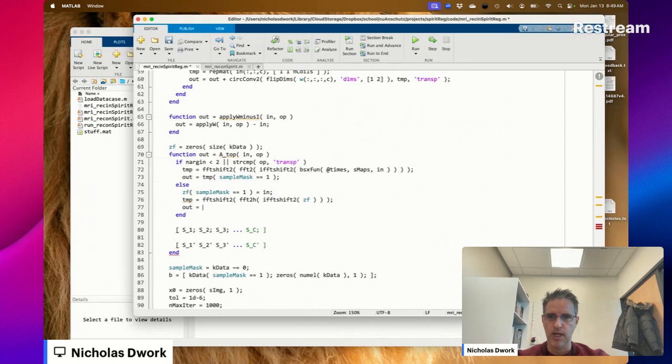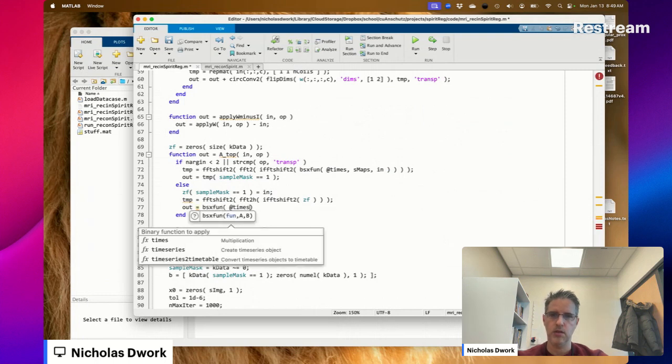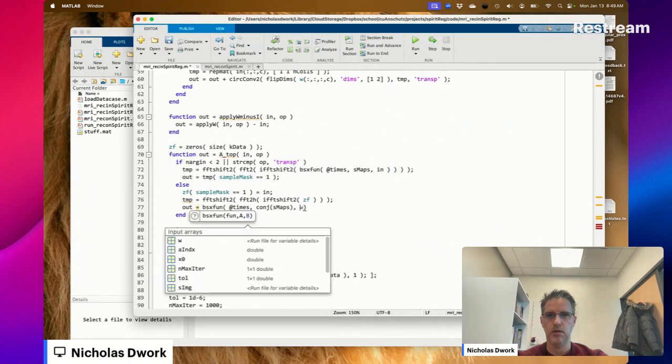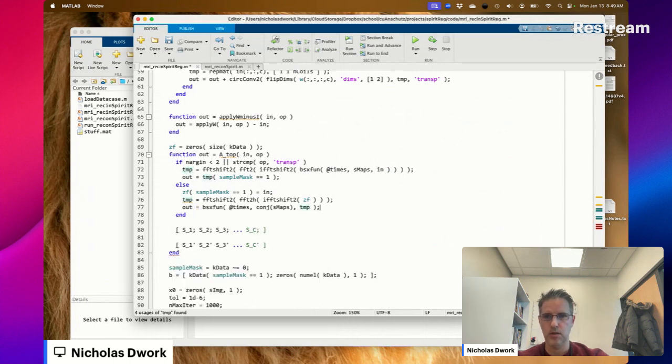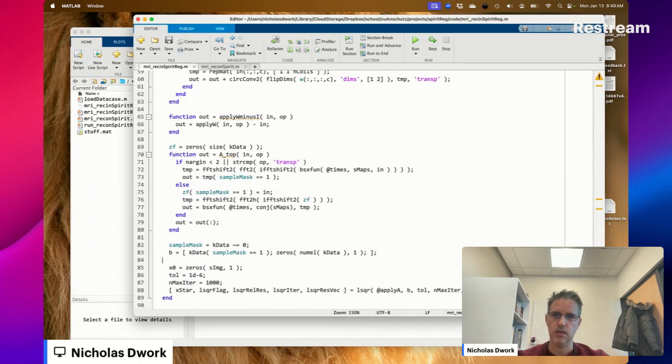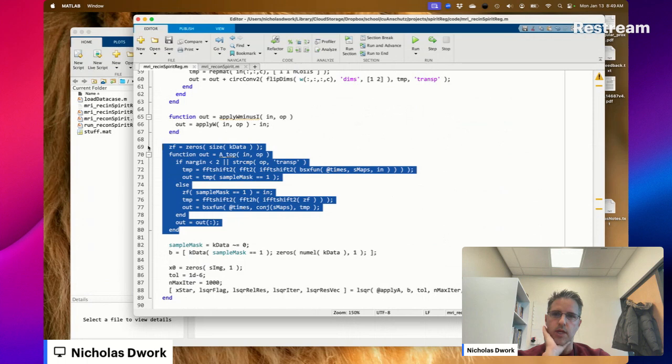So out is equal to conjugate. And then we're going to turn out into a column vector, because that's what LSQR assumes we're using. That might be A top.